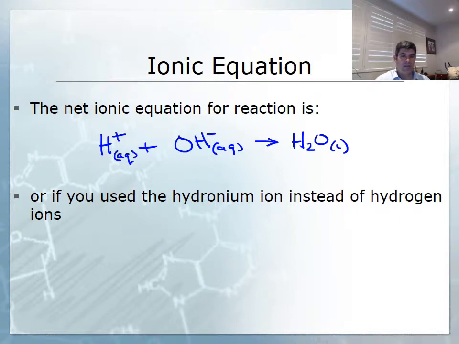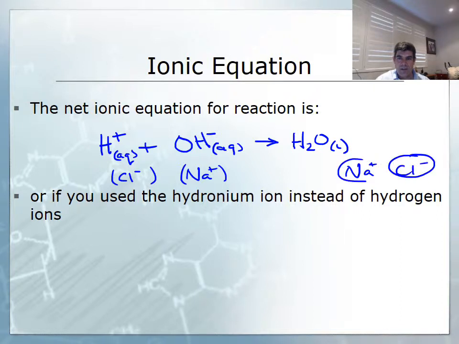The other ions, so for example, in the situation where we had hydrochloric acid and sodium hydroxide, these ions are going to remain in solution and therefore are going to be spectator ions, and so we don't need to consider them as part of our net ionic reaction. So the net is when we remove any spectator ions and we just leave our equation.